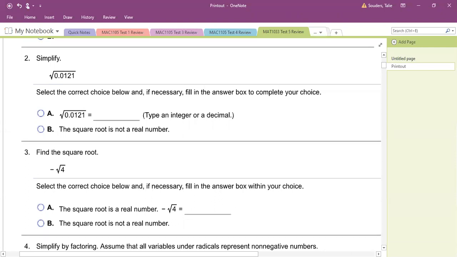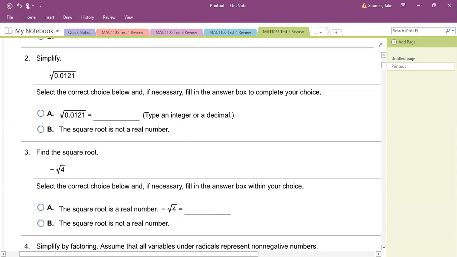So what is the square root of 0.0121 on your calculator? Were you able to do it, Chloe? Not really.